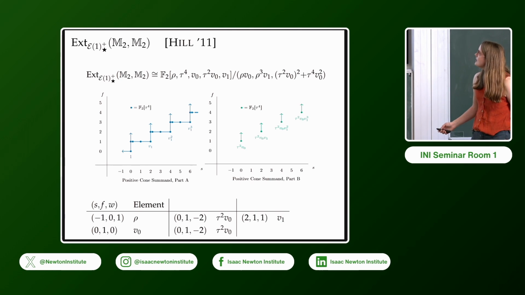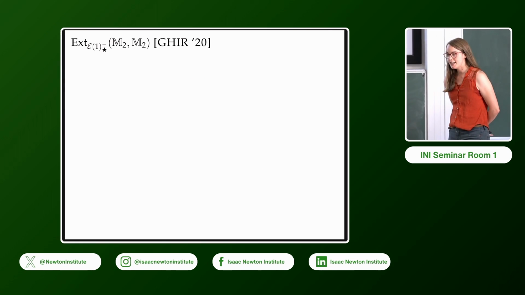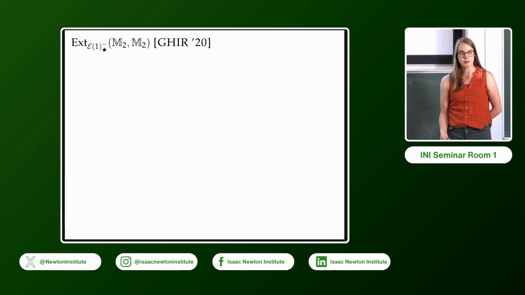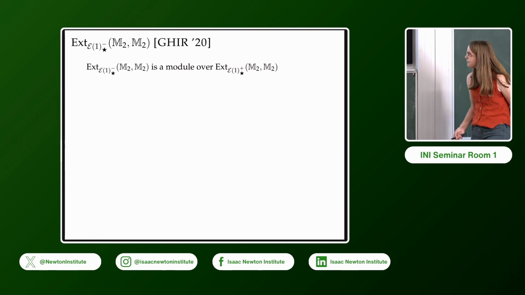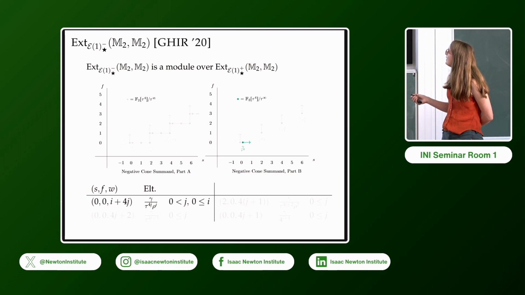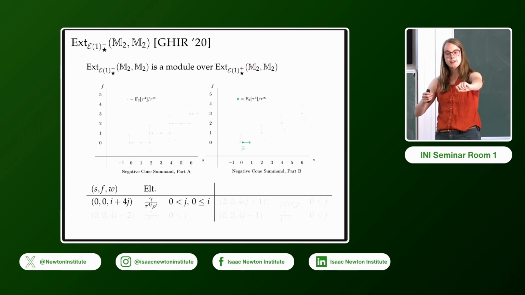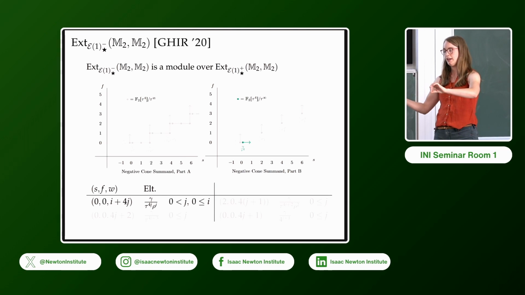All right, so this is our positive cone summand. Guillou, Hill, and Isaacson computed the negative cone summand as well, and this is as a module over the positive cone summand. So going through pictorially, now instead of tau to the 4th towers coming out towards you, in the negative cone summand we have 1 over tau to the 4ths going back away in the opposite direction.